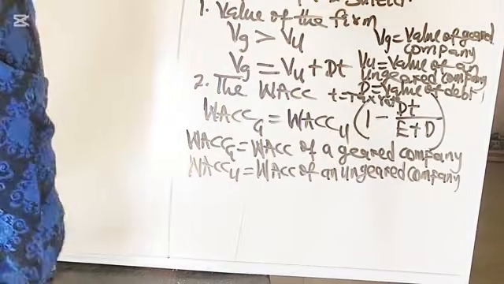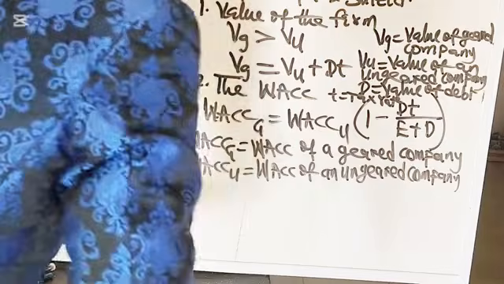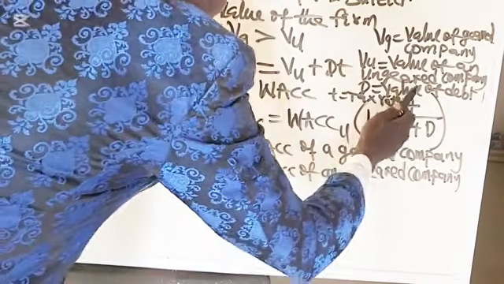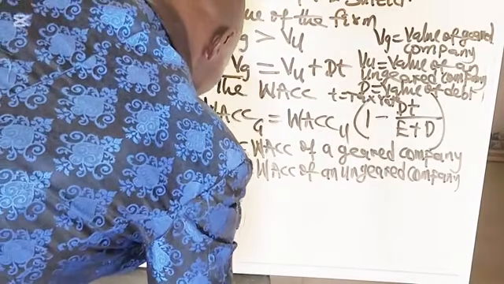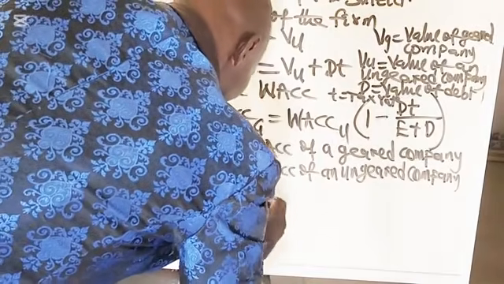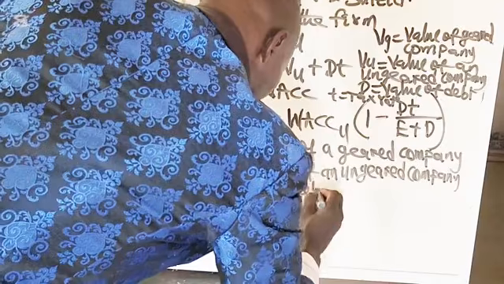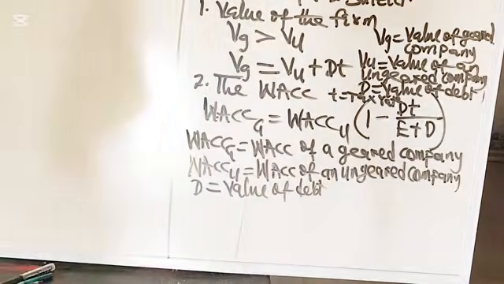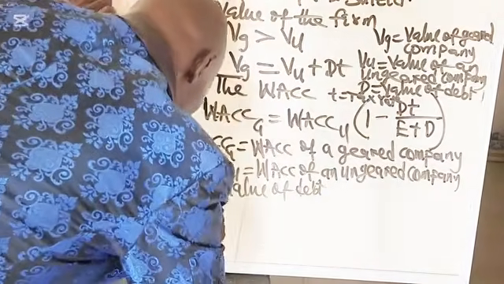D stands for value of debt, and T stands for tax rate.